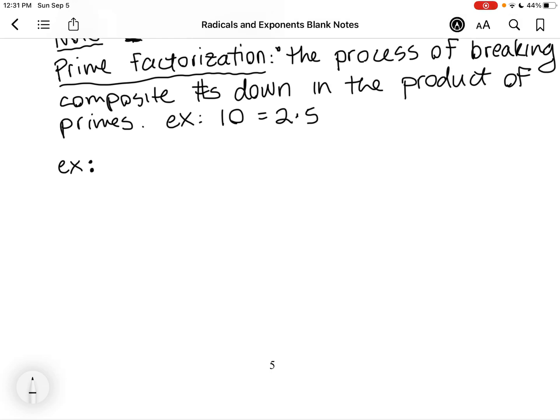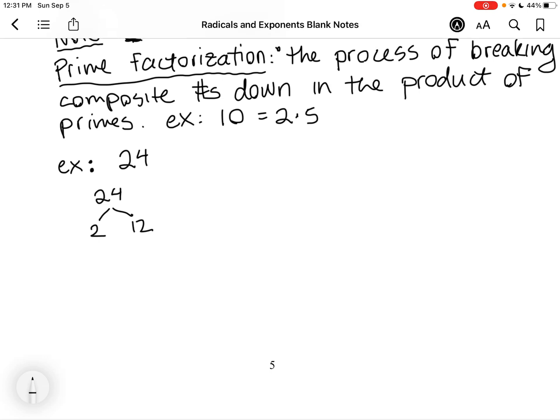Okay, so let's say, for example, we want to do the number 24, and we want to break that down into the product of primes. Well, as a start, you could just find two numbers that multiply to 24. I'm going to do this two ways, using a tree and a ladder. So 24. Well, 2 is prime, so I can break it down as 2 times 12.